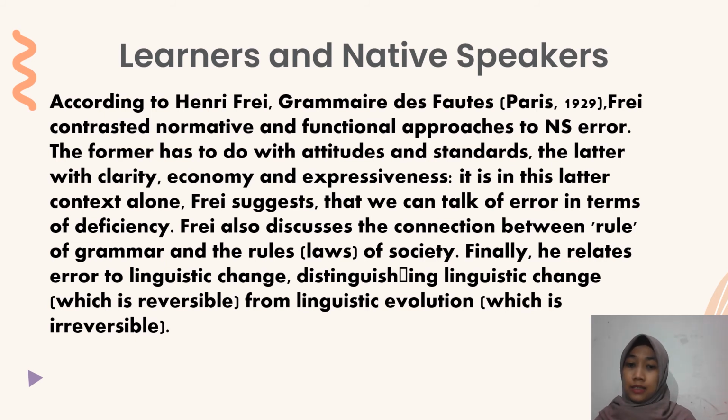Frey also discusses the connection between the rules of grammar and the rules or laws of society. Finally, he relates error to linguistic change, distinguishing linguistic change, which is reversible, from linguistic evolution, which is irreversible.